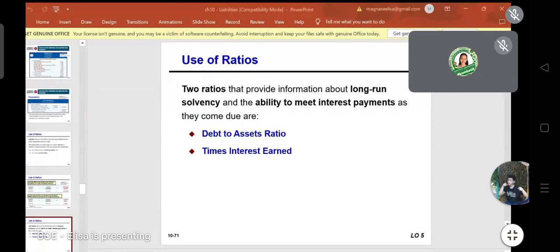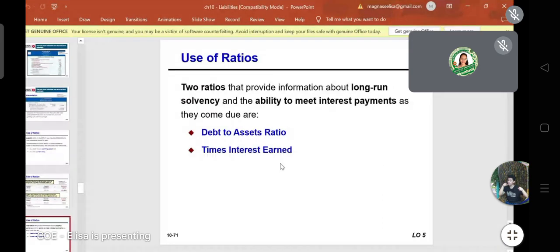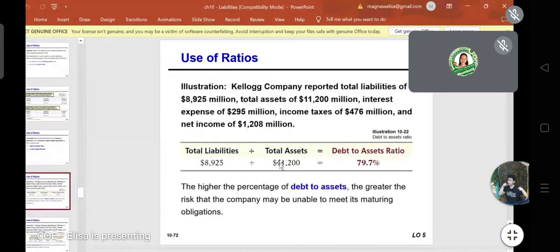So these are solvency and ability to meet interest payments. So the formula will be total liabilities divided by total assets. That will give you 79.7%. So meaning out of your total assets of 11,200, 8,925 of that is sourced from debt.